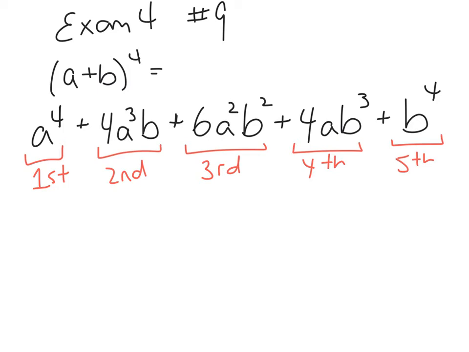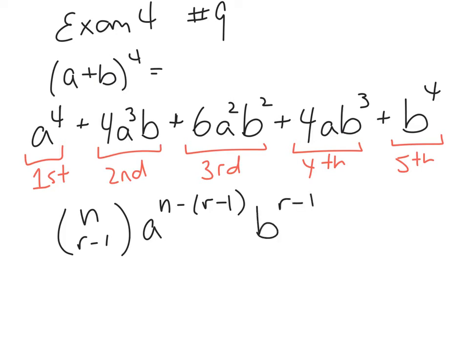Let's first look at the formula. The formula we have is n choose r minus 1, and then a to the n minus r minus 1, and then b to the r minus 1.